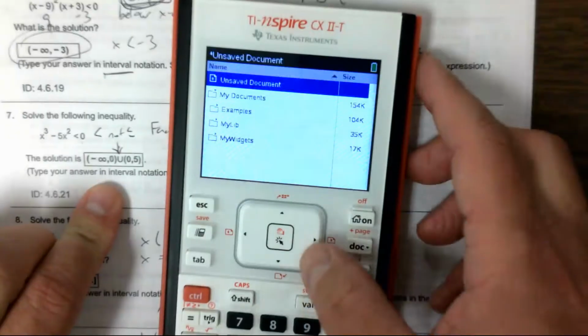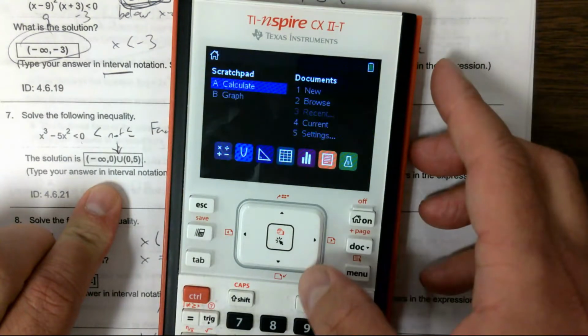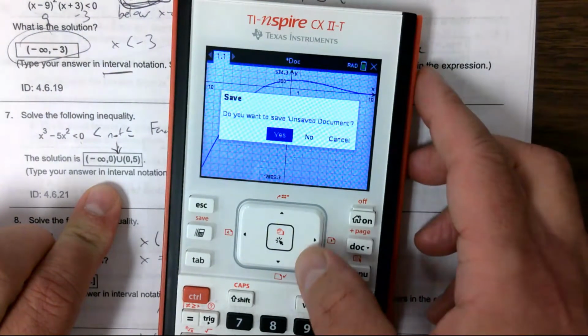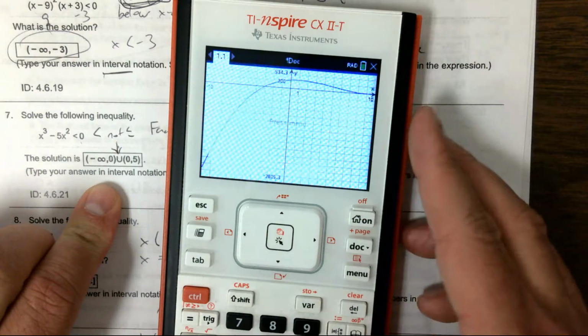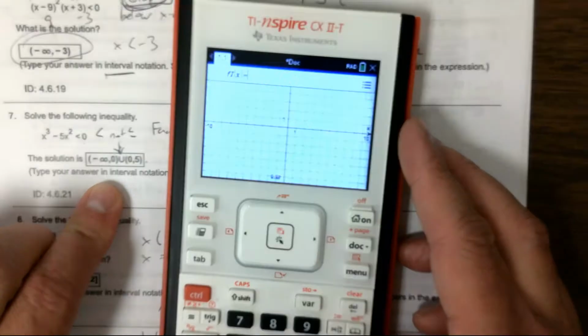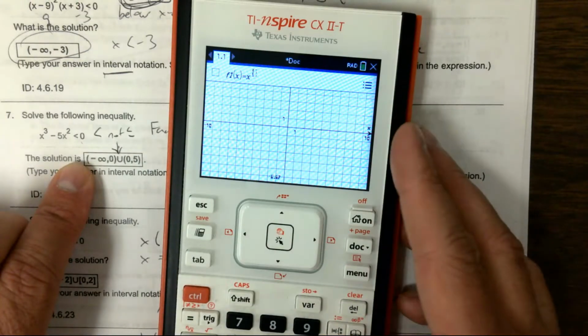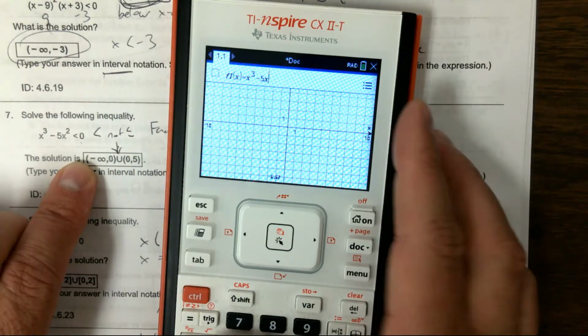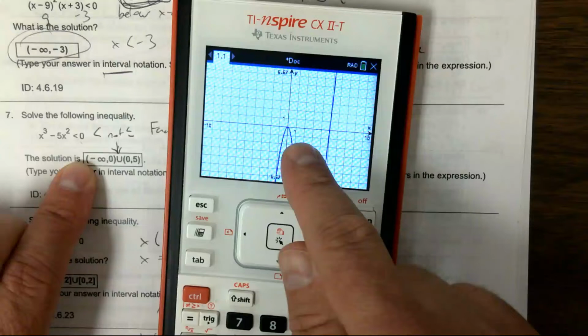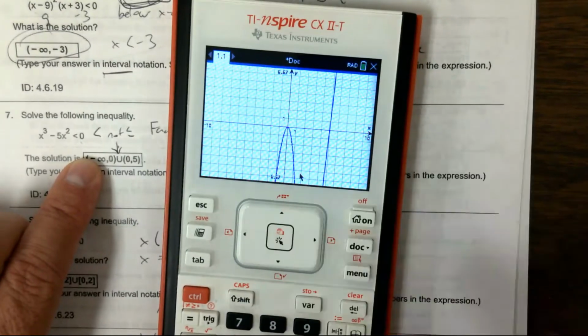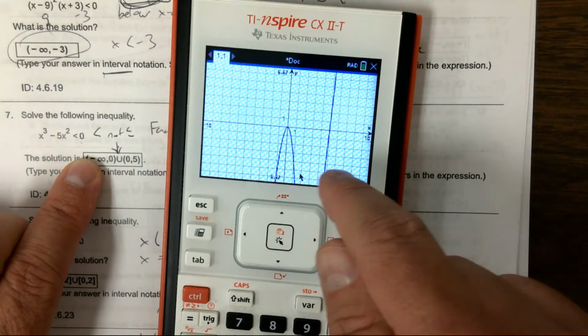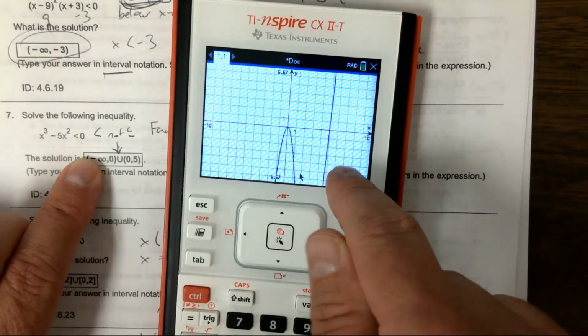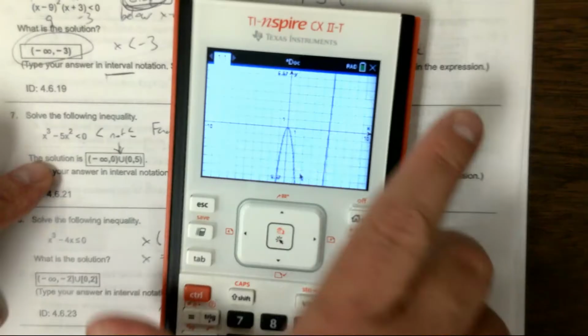And oops, when we go to the graph, x to the third power minus 5x squared. There you go, and we want below. So that's this part. Well, it's basically the whole thing, except you have to split it at 0.